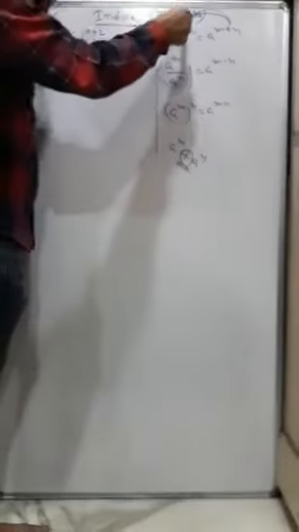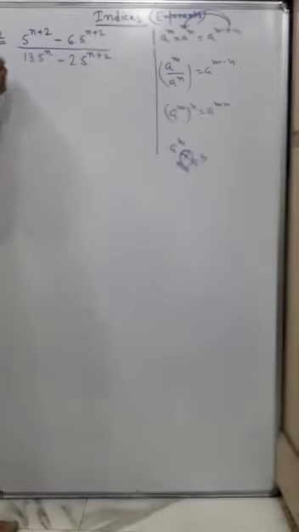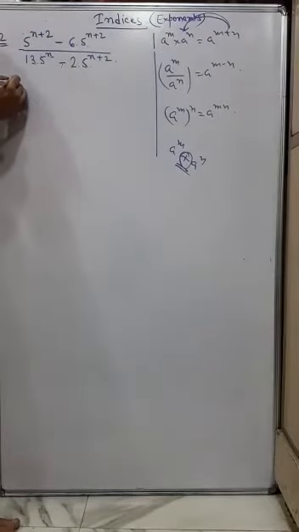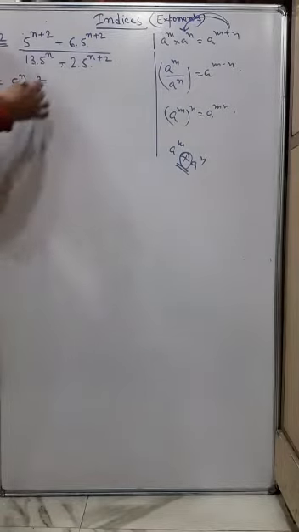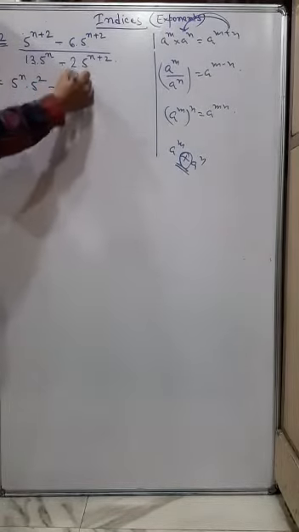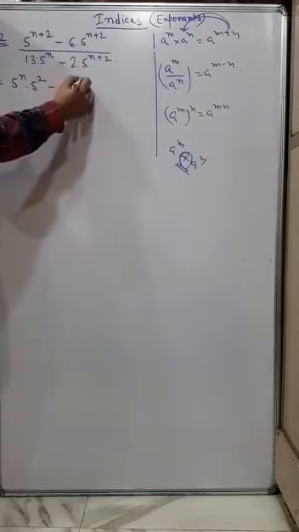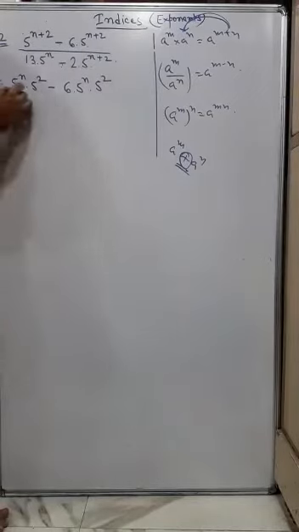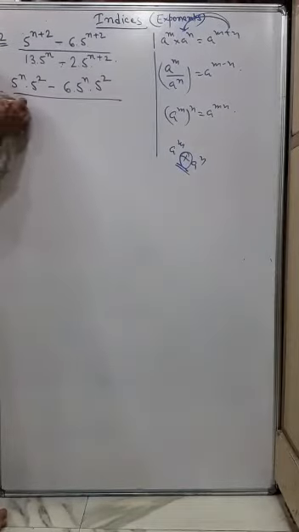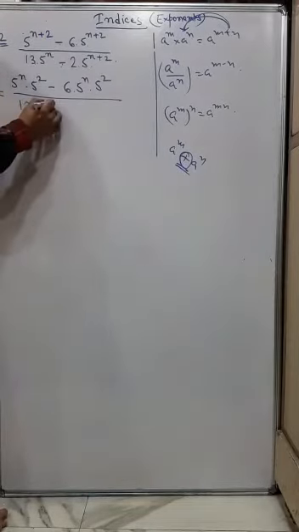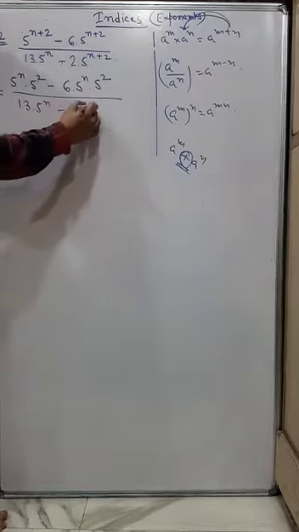Now we will think in reverse like this, then we will split this power into 2. So 5 to the power n plus 2 becomes 5 to the power n into 5 square. Here 6, again this is into, so 5 to the power n into 5 square. This is 13 into 5 to the power n and minus again 2 into 5 to the power n into 5 to the power 2. So you can understand I have split it all.